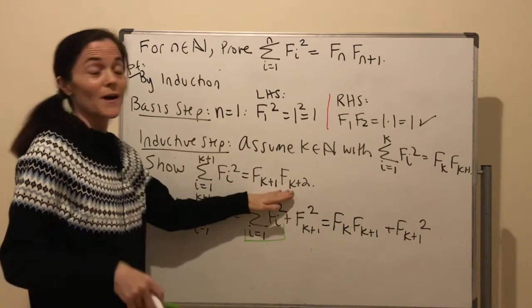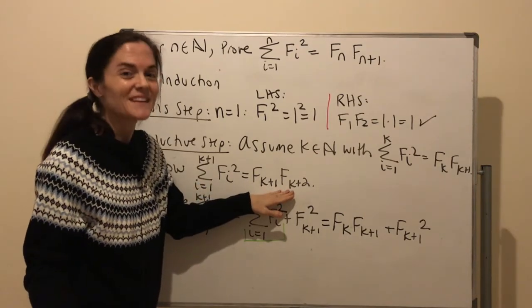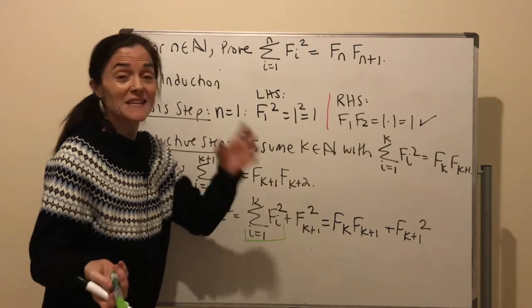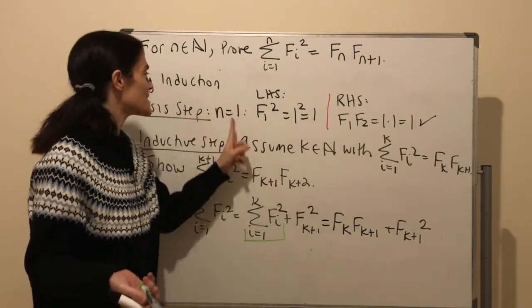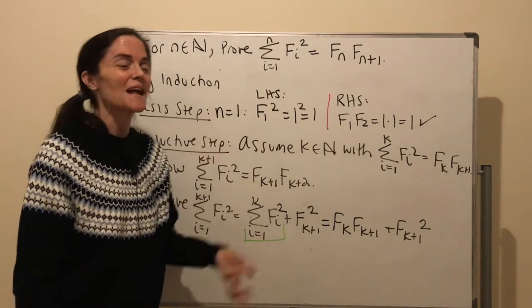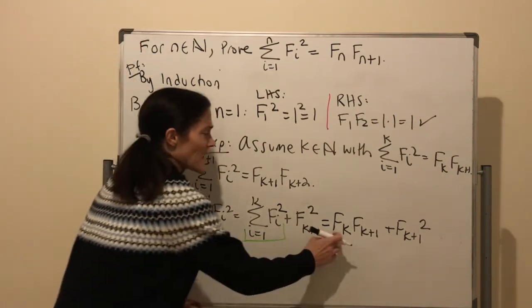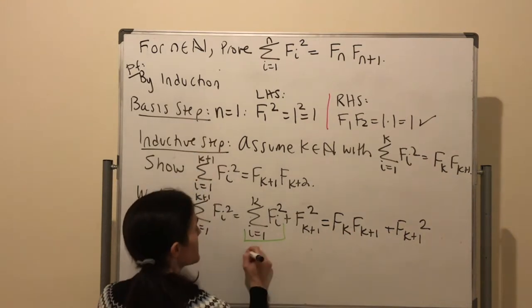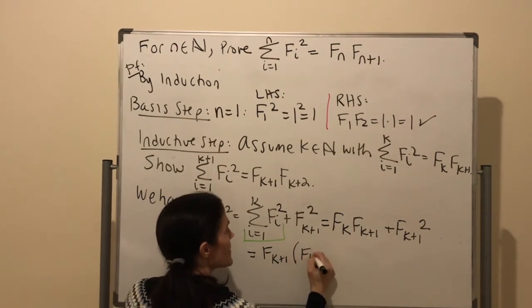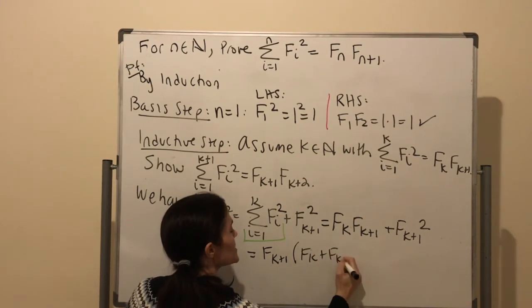Well, you see what we're trying to show? We're not quite there yet. Of course, we shouldn't be there yet, because nowhere, except in the basis step, have we used that these are Fibonacci numbers. So let's factor out what's common to both here, which is f_{k+1}, and then we have f_k plus f_{k+1}.